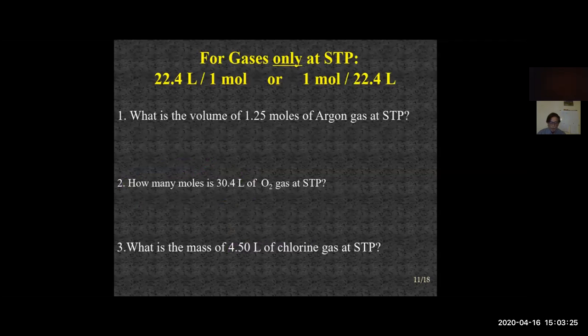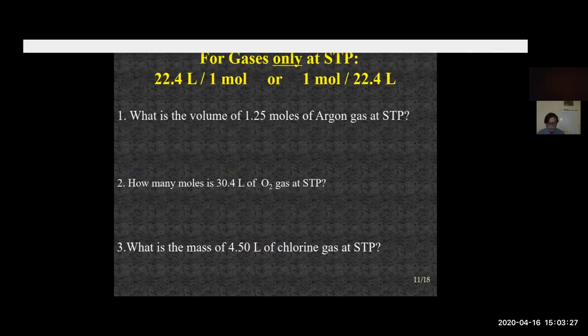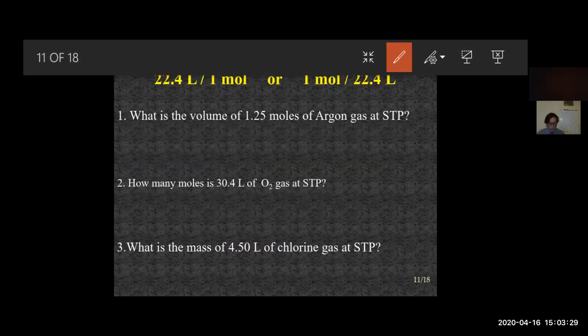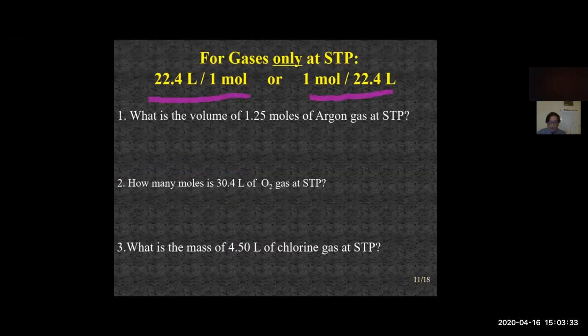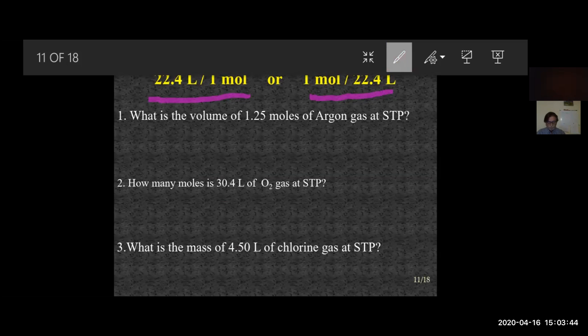So that being the case, notice that we can set that ratio up one of two ways, like any ratio, with liters in the numerator or moles in the numerator. Which one we use depends on the question and what we're looking for. The first question is asking, what is the volume? That is what you're searching for unit-wise. And we're given 1.25 moles of argon gas.